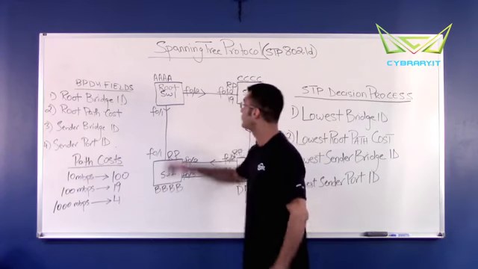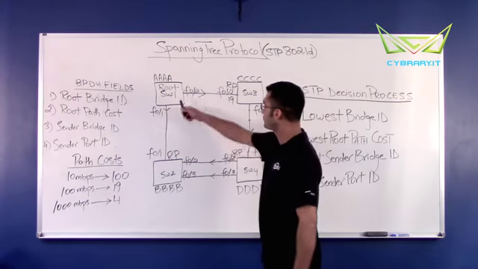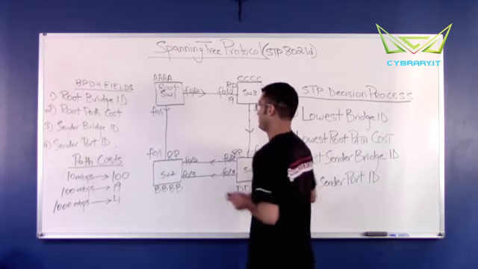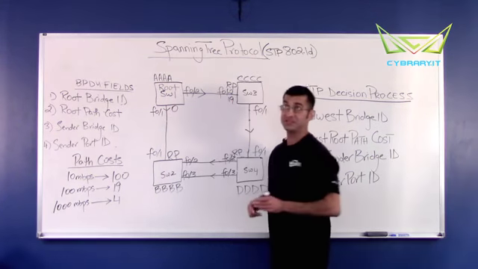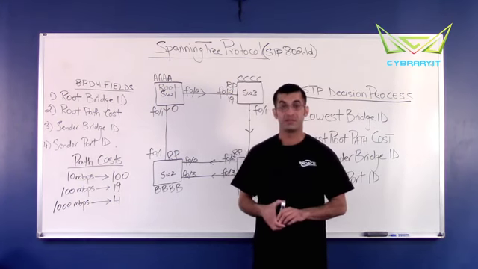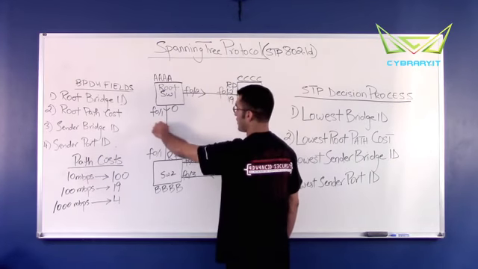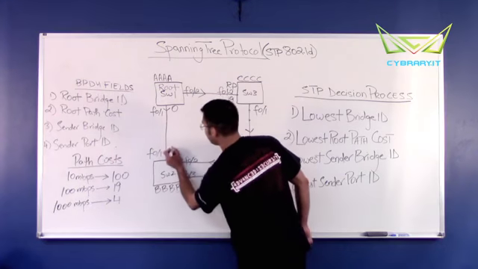So let's look at switch 1 first. On the segment between switch 1 and switch 2, the root path cost on switch 1 F0/1 is 0, since the distance from switch 1 to switch 1 is 0. And then the BPDU leaves F0/1 switch 1 and enters switch 2 F0/1, and the cost is incremented to 19.